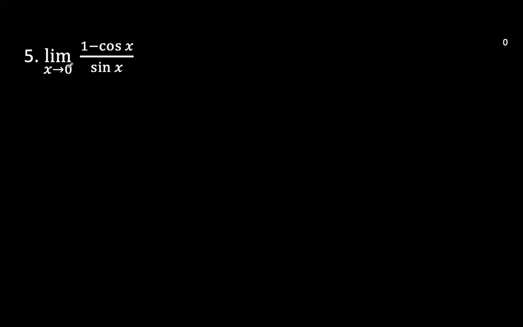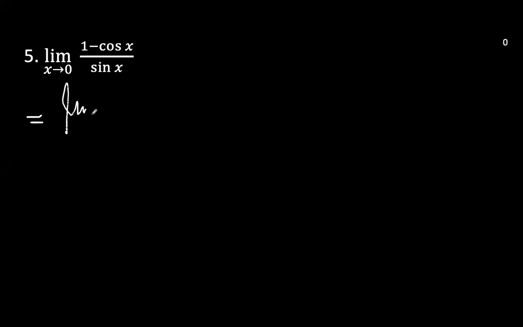Using theorem number 2, let's evaluate the limit of 1 minus cosine x all over sine x as x approaches 0. So for us to solve this, we need to express it similar to the one we have in theorem number 2.